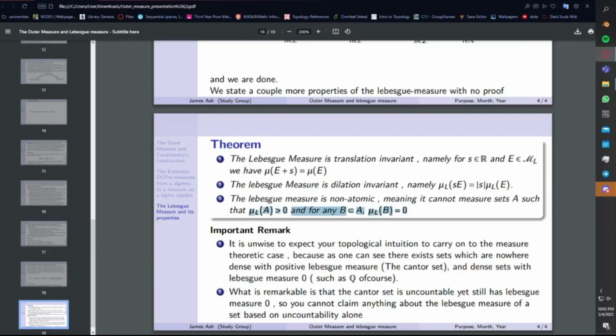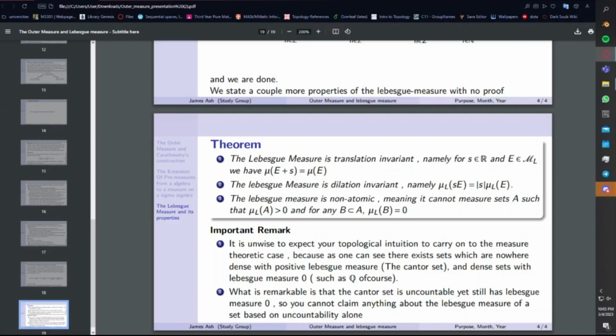This is the definition of atoms. If the Lebesgue measure could measure these kinds of sets, it wouldn't give us a very good notion of volume. You're going to notice several exercises where, if you take any Lebesgue measurable set, you can find sets inside it that have positive measure and are completely contained in it.